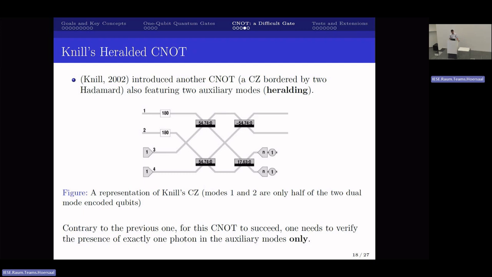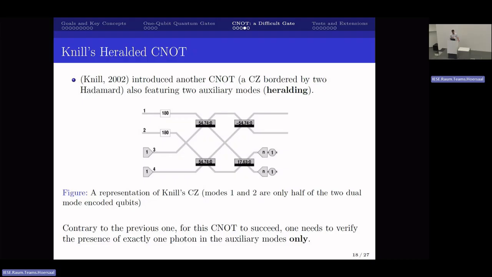This time, you input a photon on the auxiliary modes, and you need to find exactly 1 photon at the end. But this time, you do not have to check if it worked on the modes representing your qubits. You just have to check the auxiliary modes and not the other ones.